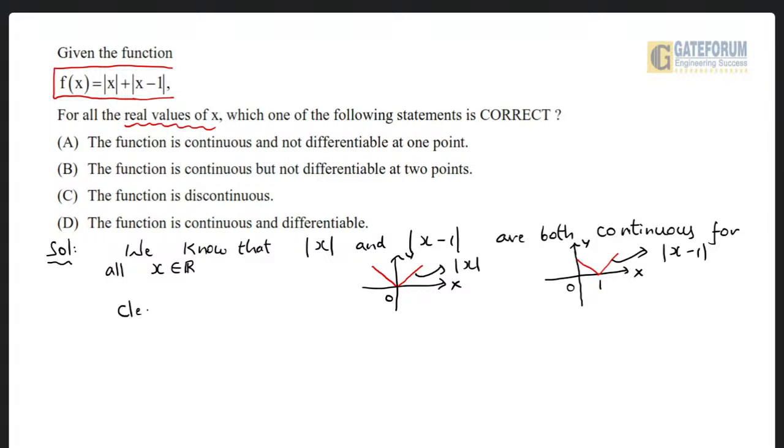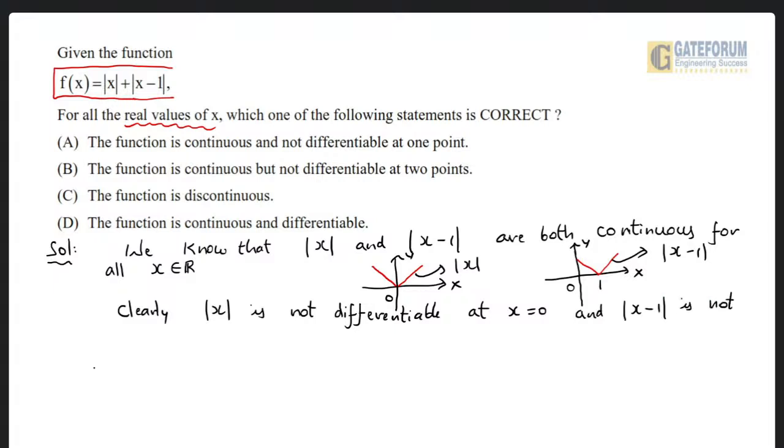So clearly, mod x is not differentiable at x is equal to 0, and mod x minus 1 is not differentiable at x is equal to 1.